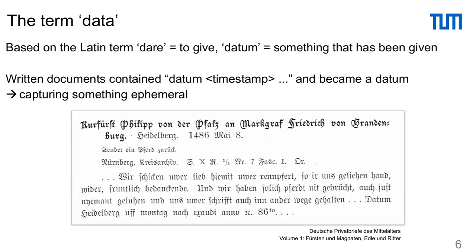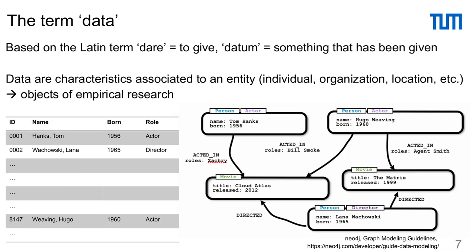this written document captured something ephemeral. And from this state of mind, the current term data comes from, because nowadays data are characteristics that are associated to an entity, that are given to an entity.